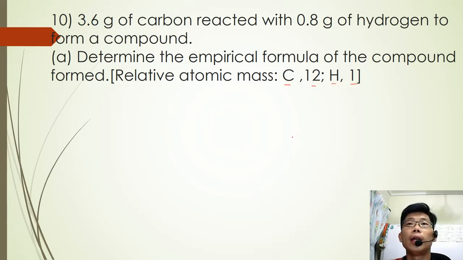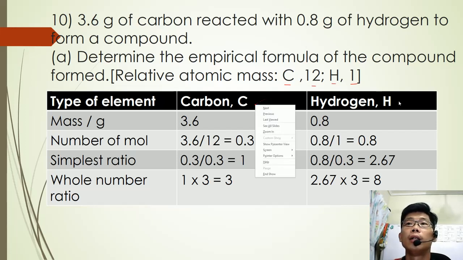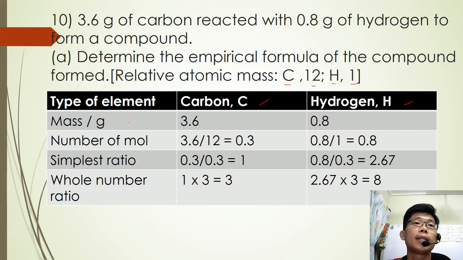Normally I encourage you to draw a table to solve this question. First we list out the types of elements, carbon and hydrogen. The mass given in grams would be 3.6 for carbon and 0.8 grams for hydrogen.